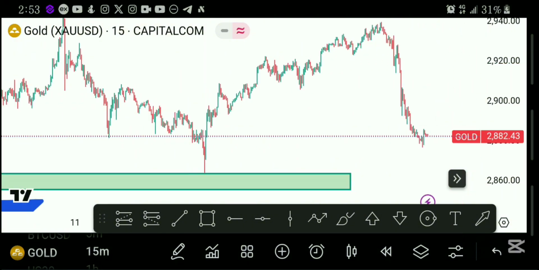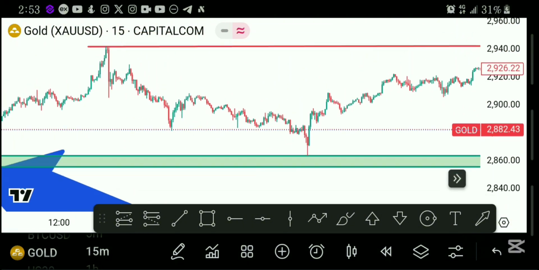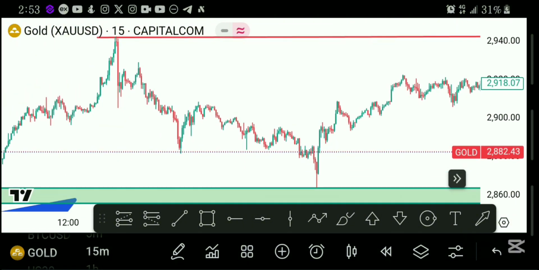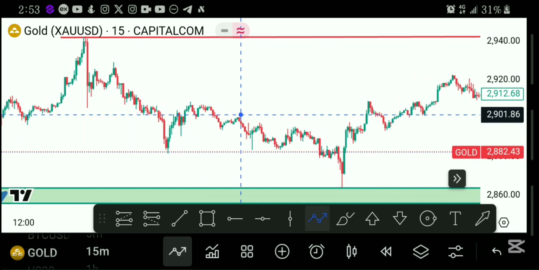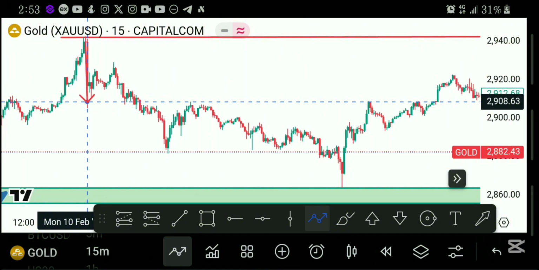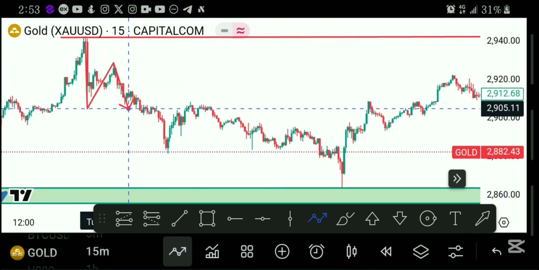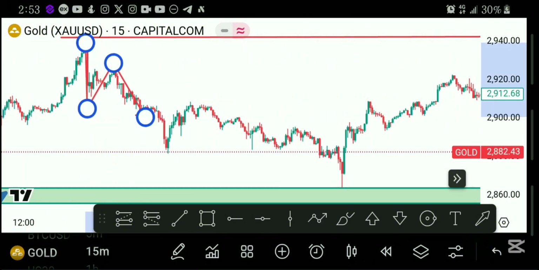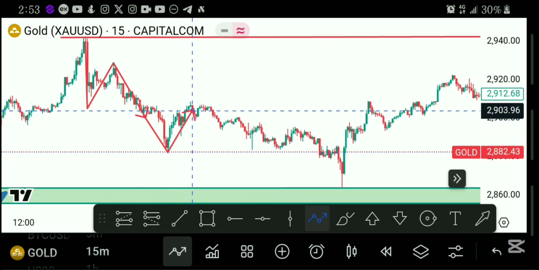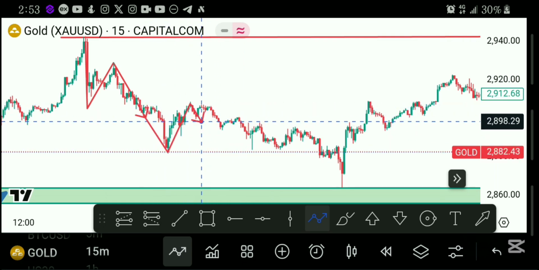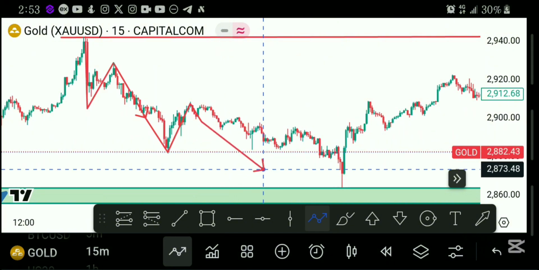That's change of character. Now you can see the trend is an uptrend, but if you observe this structure, we're having a downtrend movement. Market is making a series of what? Lower low, lower highs, lower low, lower low, lower high, lower low, just like that to the downside.